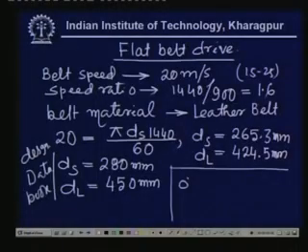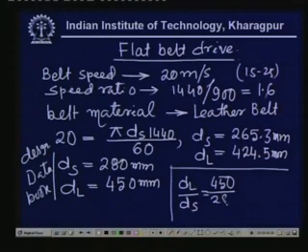If we recalculate, dl by ds equals 450 by 280, that comes out to be 1.607, say 1.61.